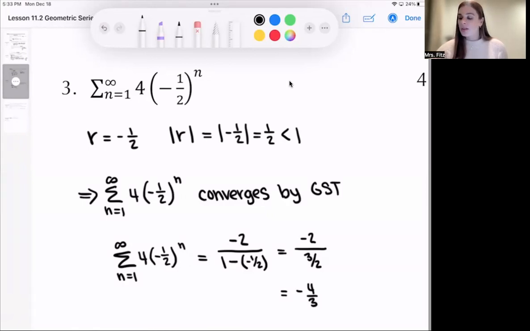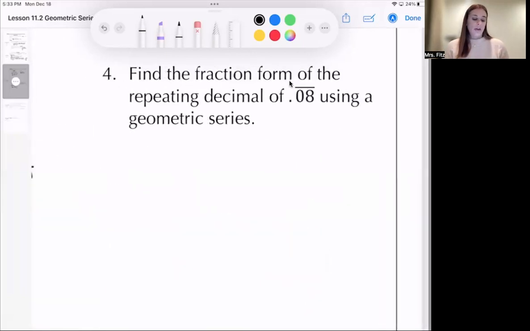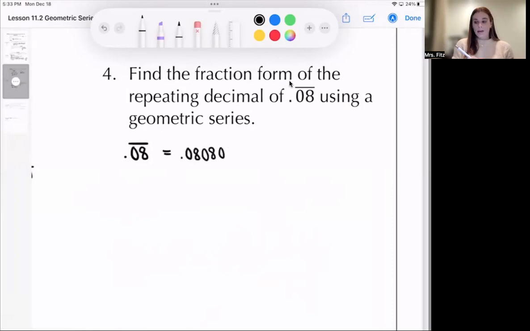Okay, so the last one says, find the fraction form of the repeating decimal 0.08 using a geometric series. First, let's look at the number 0.08 repeated. That equals 0.080808, right?